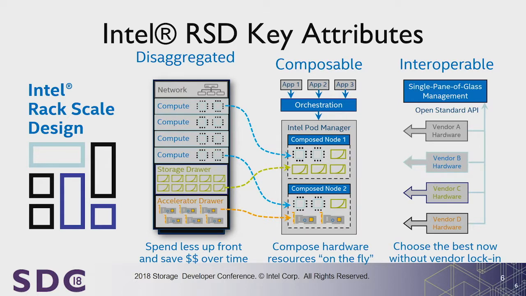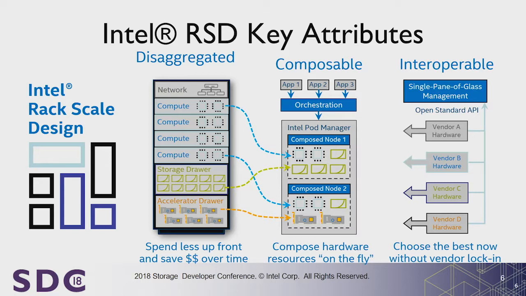Now let's go to the details of how we approach it. On the left we can see a rack which is composed of pools of resources. The end goal would be that the compute pool is further disaggregated into pools of memory, processors, and NICs, but we are not there in technology currently. So compute is a collection of servers.